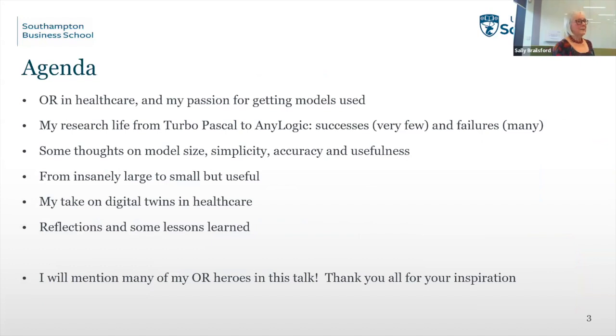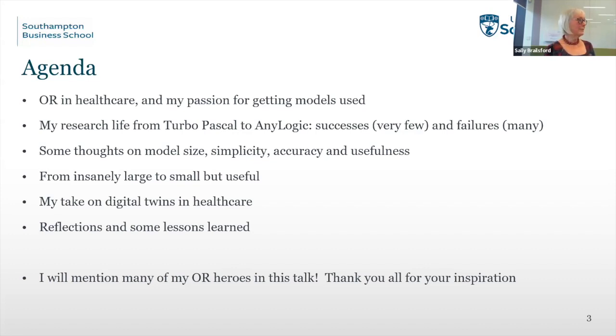So I'm going to be talking a little bit about OR and healthcare, but I'm going to be focusing on one of my obsessions, which is getting models used in the NHS and not just published in journals. I'm going to talk a bit about something that I've been thinking about recently, which is model size and the concepts of whether size and simplicity are related, and also accuracy and usefulness.